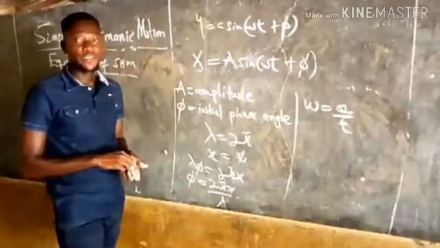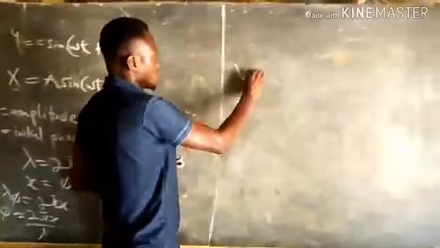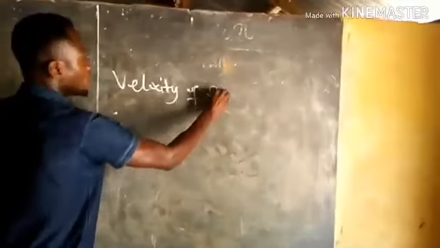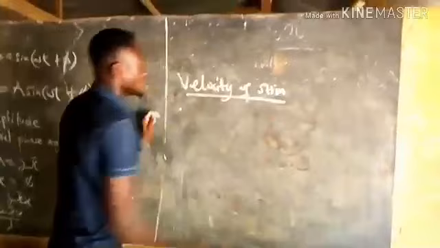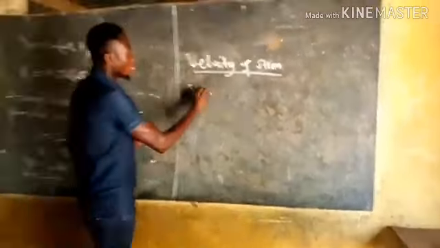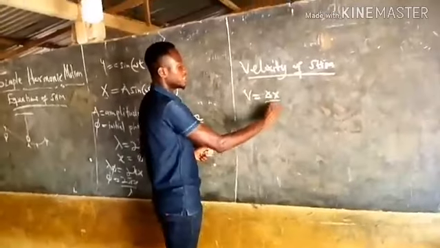Then how do we get the velocity? So let's look at the velocity of simple harmonic motion. We all know that velocity is change in displacement over change in time.